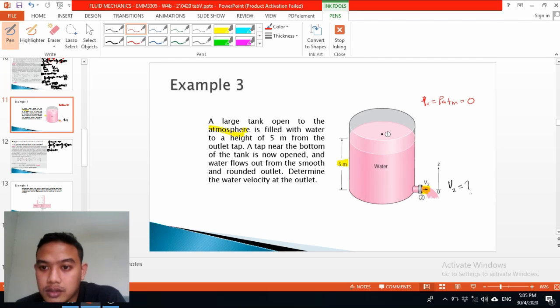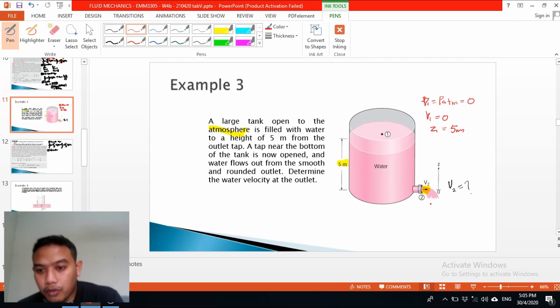Then the second one, V1 is equal to 0 because the flow is initially stagnant, there is no movement, and Z1 is equal to 5 meter.